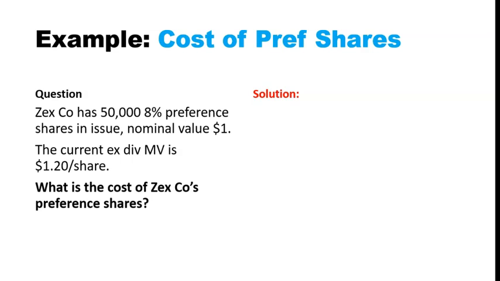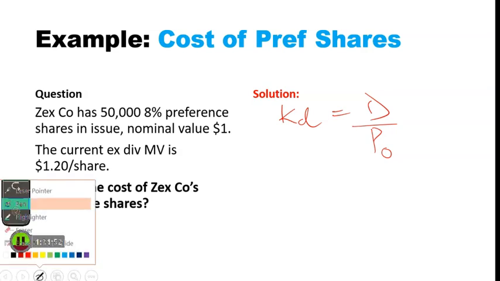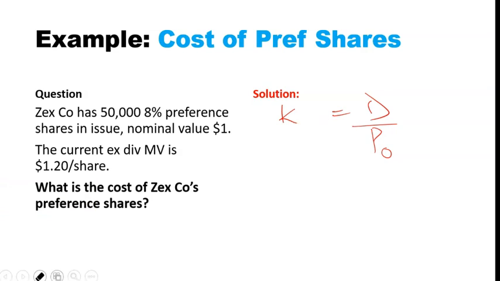We know that KP is equal to D over PO. That's what we know. Sorry, KP, not KD. Therefore, KP should be, now the dividend is actually going to be based on the 8%.